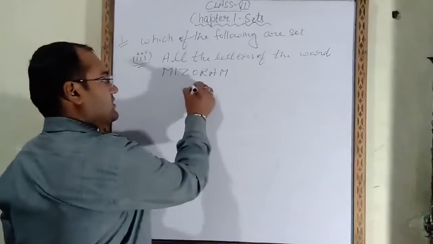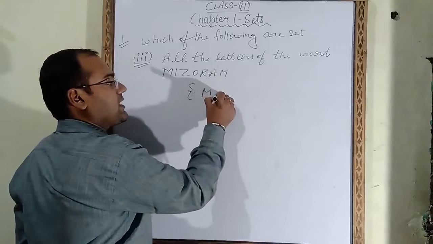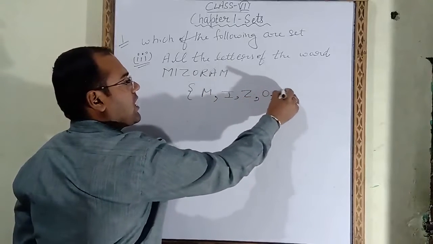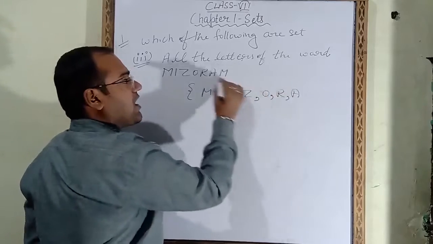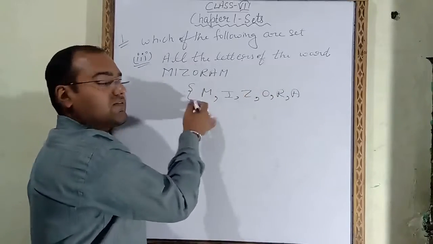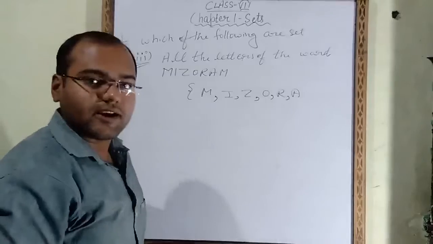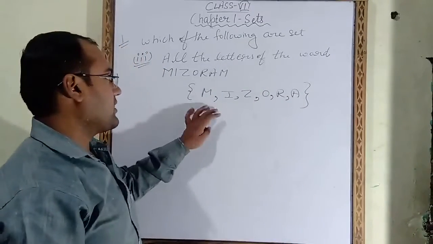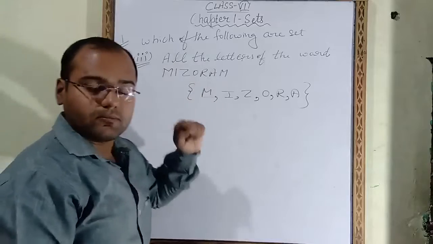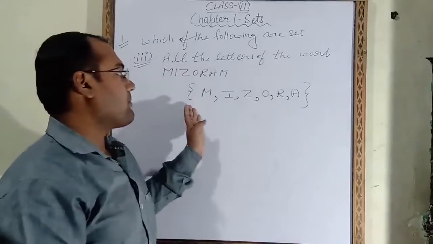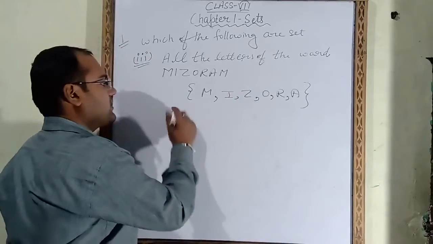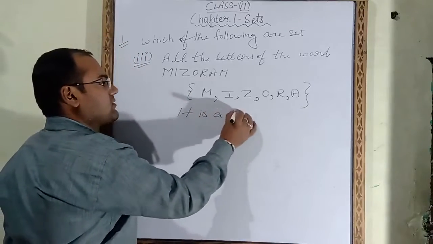So we know the answer. Which letters are coming? M letter is coming, I, Z, O, R, A. After A what is coming? M. But the M letter we had already written, so we will not write it again. So these are the letters which are coming in this Mizoram. So we know all the members that are coming in this set. That's why we will call it a set.